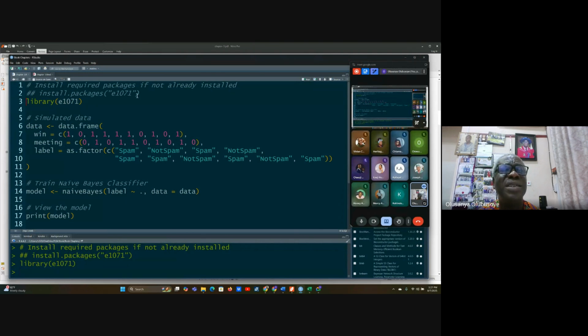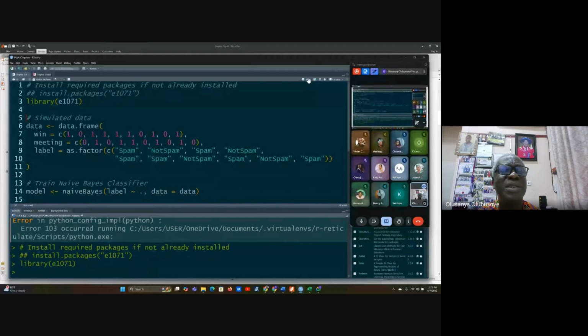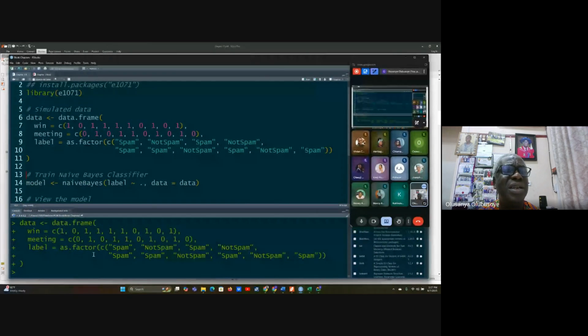That's the package that will help you run the naive Bayes classifier. Once you have the package loaded, you enter the data. If you want to see the data, you can simply type data here.